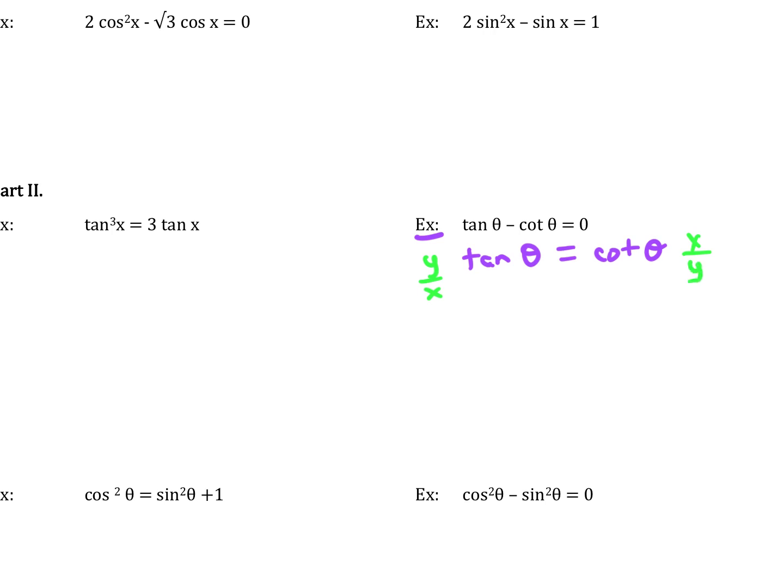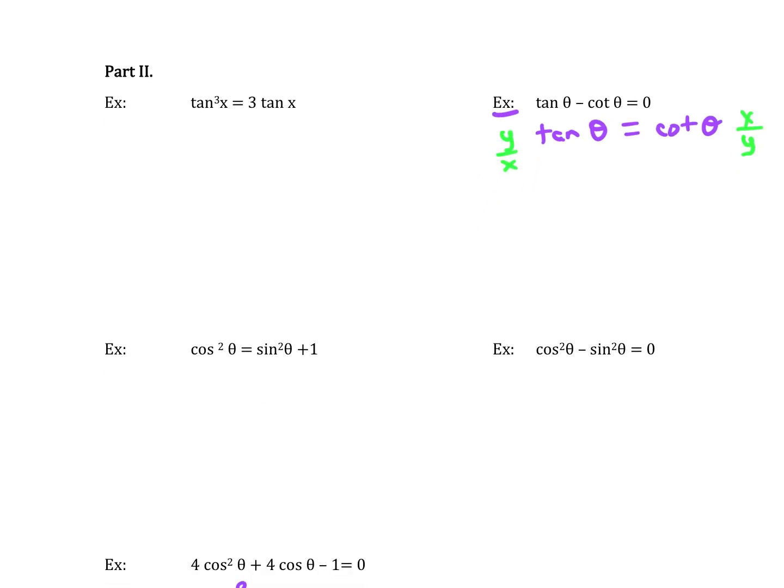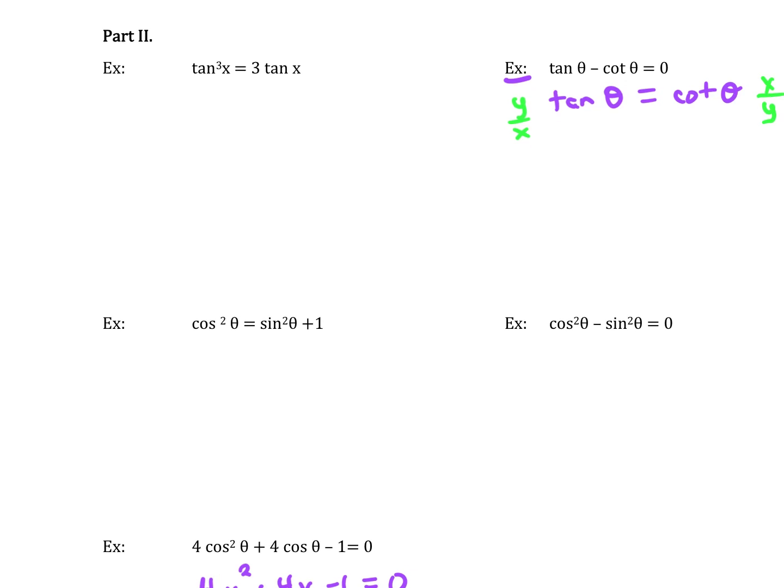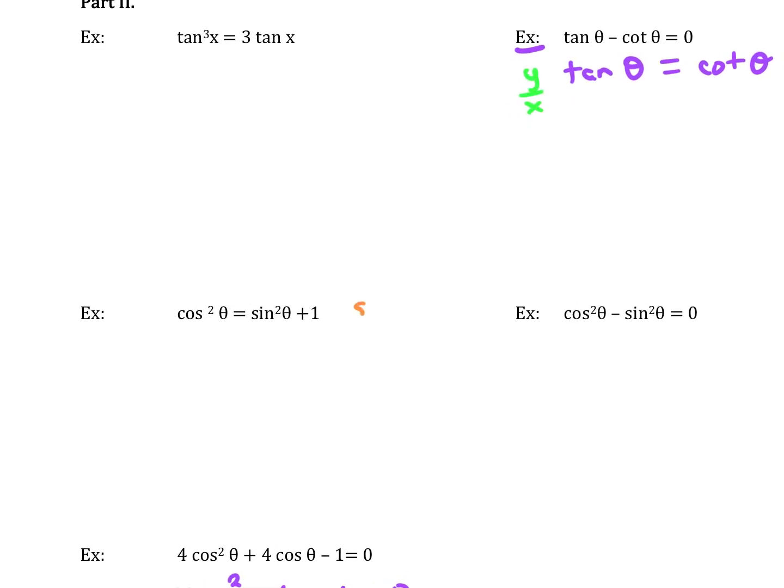So I'm going to give you that hint. And then on these last two, you are going to do a substitution again with your 1 minus sine squared or your 1 minus cosine squared. So you're going to rewrite either your cosine squared or your sine squared for both of these.